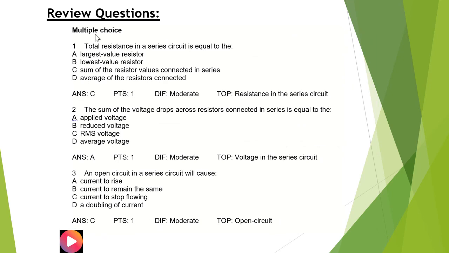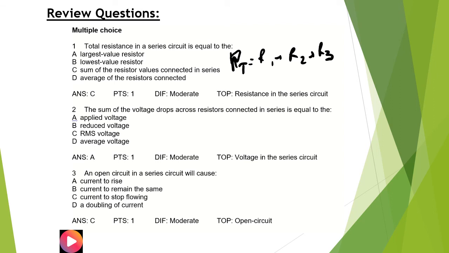Multiple choice question. The total resistance in a series circuit is equal to the largest resistor value, the lowest resistor, the sum of the resistors in series, or the average of the resistors. Well, we should know, and we have explained, that RT equals R1 plus R2 plus R3.